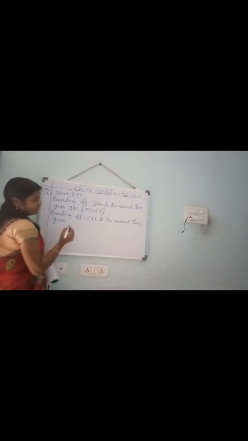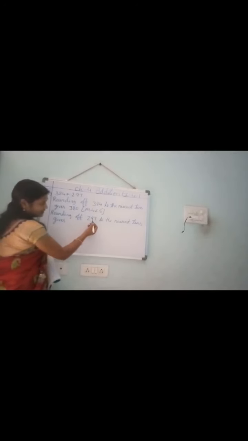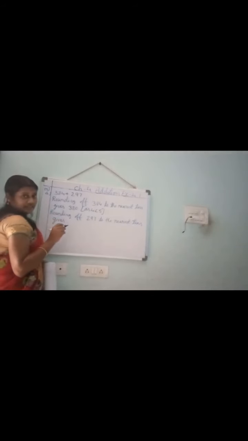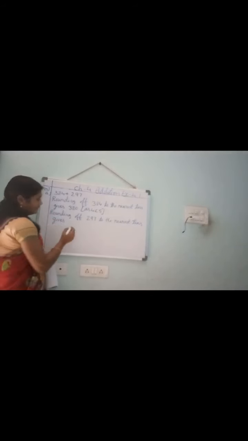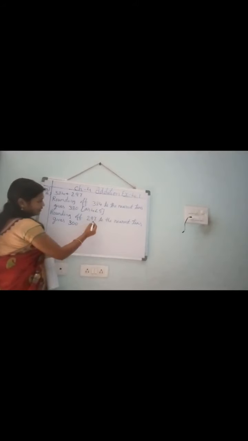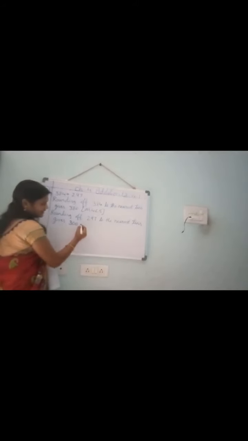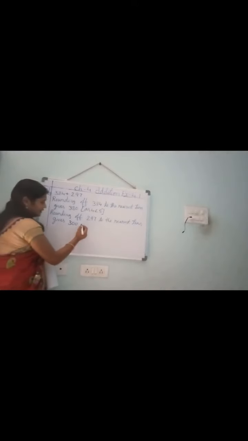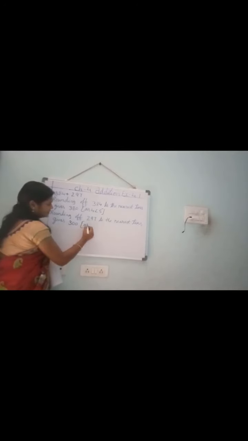Tell me. 300. Because 7 is more than 5. See, 300. 297 near is 300. Understood, children? As 7 greater than 5.